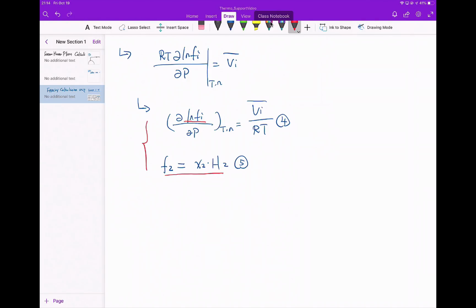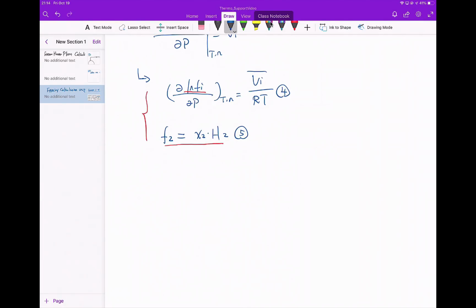So we want to further simplify equation 4: for the left-hand side, partial log f2 at P, T and composition is indeed partial log of X2 times H2 over dP, keeping temperature and composition fixed.